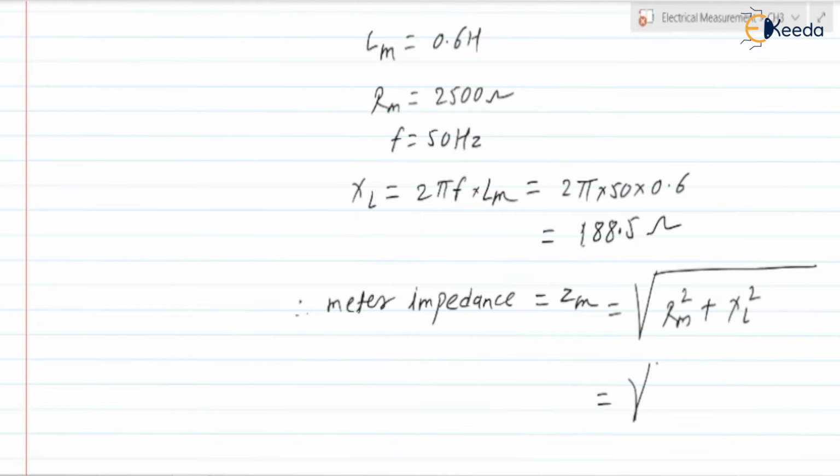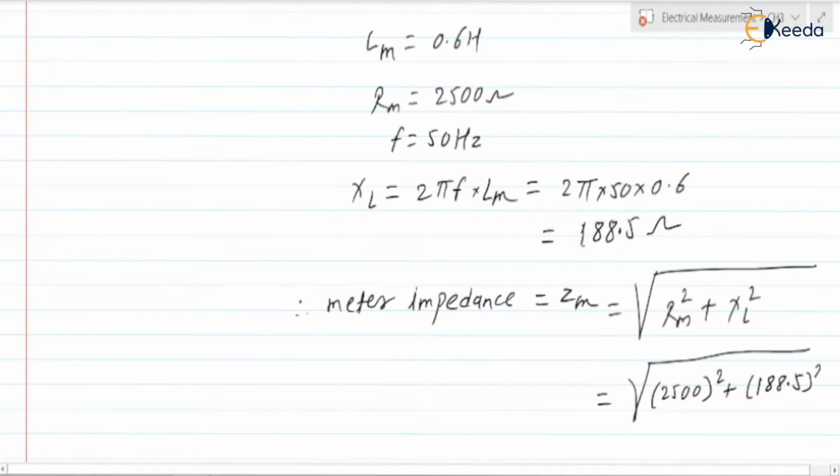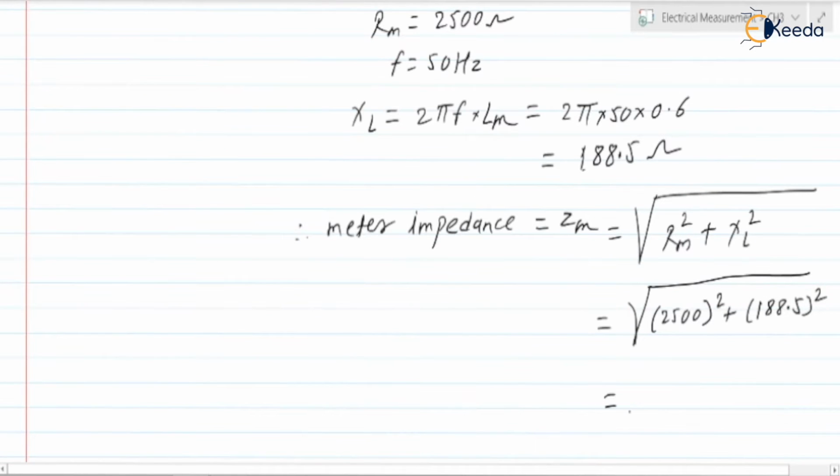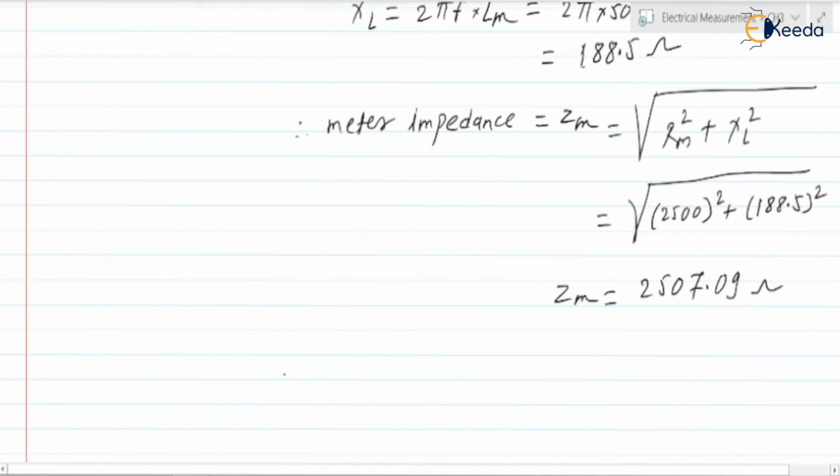So it is the square root of 2500 square plus 188.5 square. So it is 2507.09 ohm. This is the ZM. Be careful.